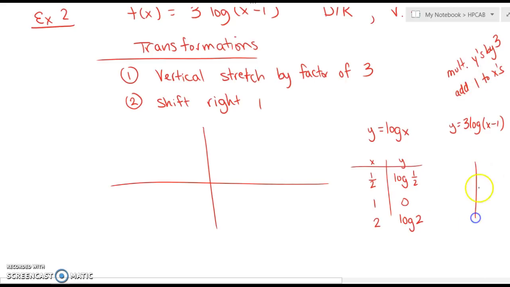All right, so we can create our new table. So add 1 to the x's, we're going to have 1.5. If we multiply the y's by 3, you're going to get 3 log 1/2. All right, if you add 1 to that, you'll get 2. Add 1 to that, you get 3. And then multiply the y values by 3, you get 0 for that one, and this is 3 log 2.